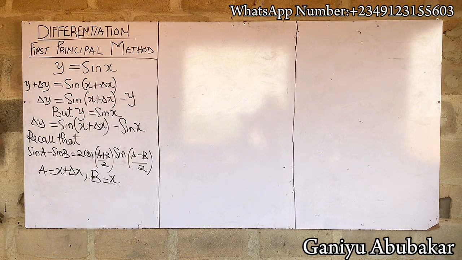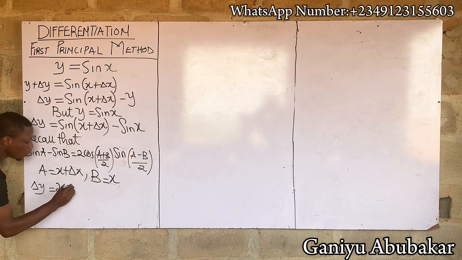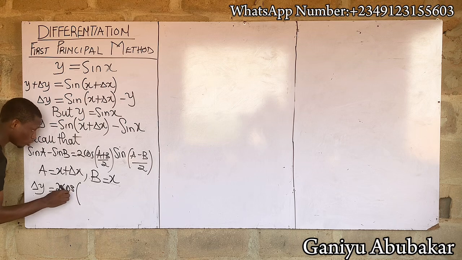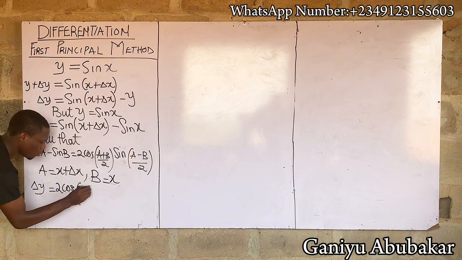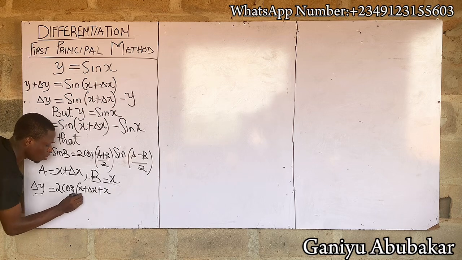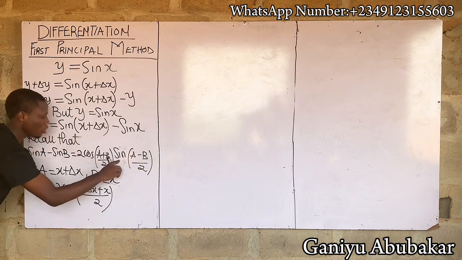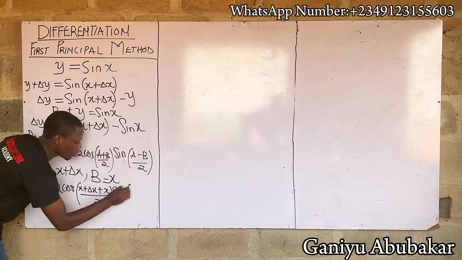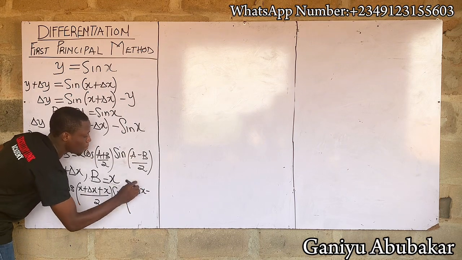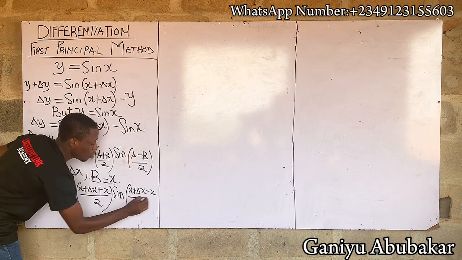I'll have that change in y is equal to 2 cos of A plus B over 2. What's A? x plus change in x, plus what's your B? x, over 2. Next up, sine of A minus B: x plus change in x minus x, over 2.